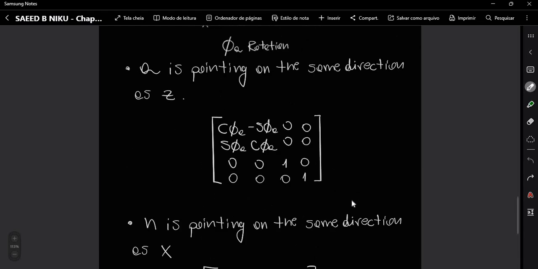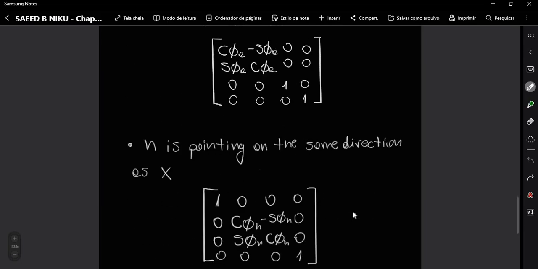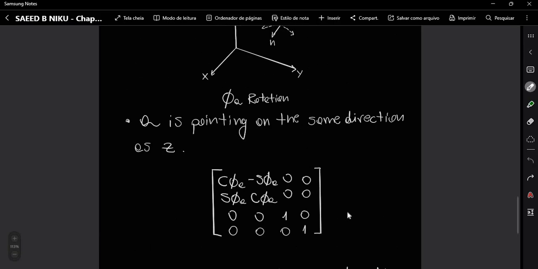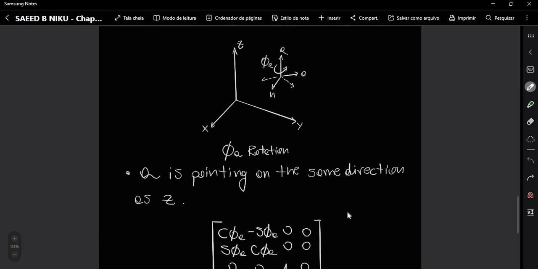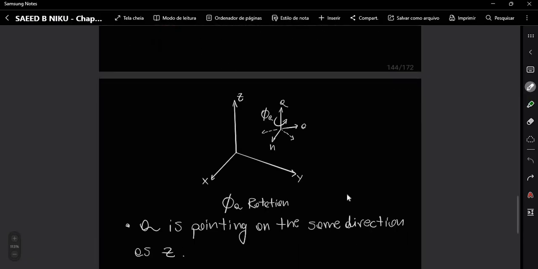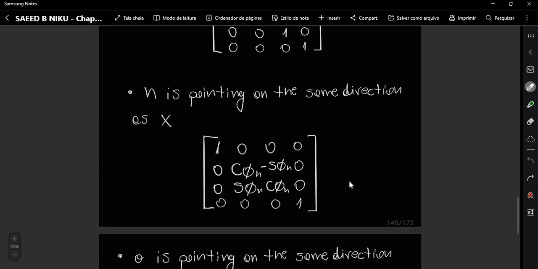Again, N is pointing in the same direction as X, so we use the characteristic matrix of rotation about the x-axis, and we adapt to this matrix. So the angle of pitch, we apply this angle about the n-axis, and we obtain this characteristic matrix of rotation.